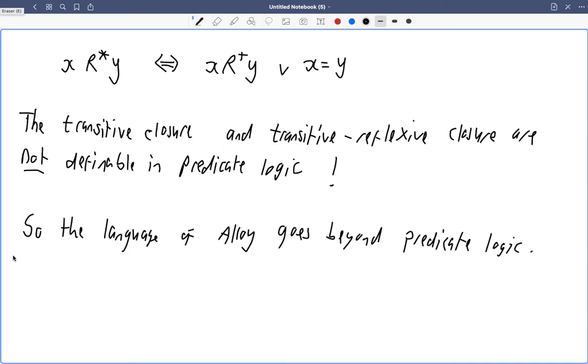But nonetheless, it's still amenable to reduction to SAT solving, because this is what Alloy does.